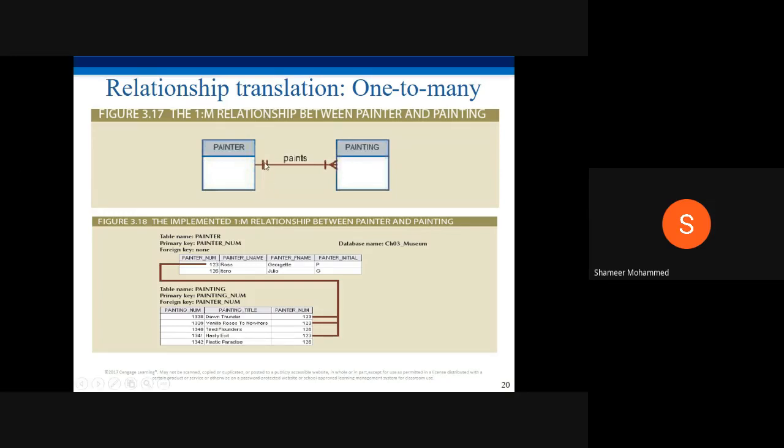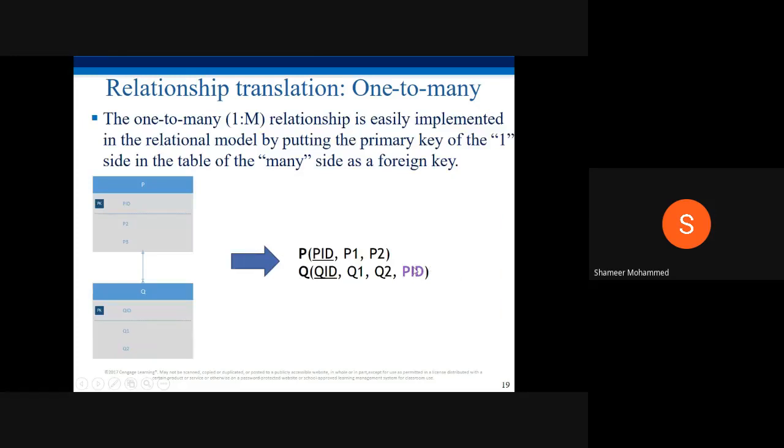See, one painter can paint at least one or many paintings. So wherever this many is, that side you have to place the foreign key. So that is what is given here. So this is the many side. So you are going to put the primary key of this one as a foreign key here. Okay.